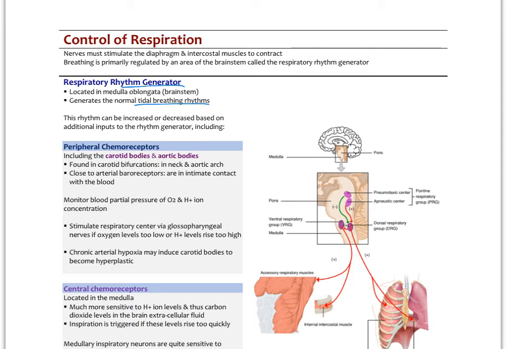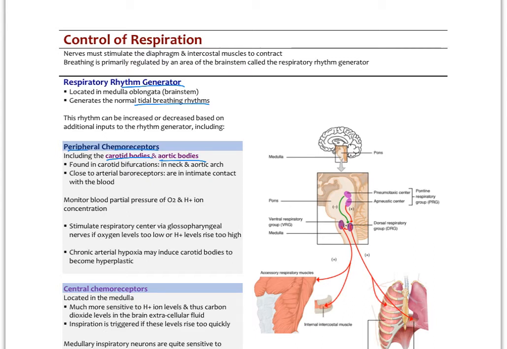Now that rhythm can be increased or decreased based on additional inputs to the rhythm generator, and that would be through peripheral chemoreceptors, and that would be in your carotid arteries or your aorta. There are sensors there, and they're found at the bifurcation of the internal and external carotid arteries in the neck and inside the aortic arch.